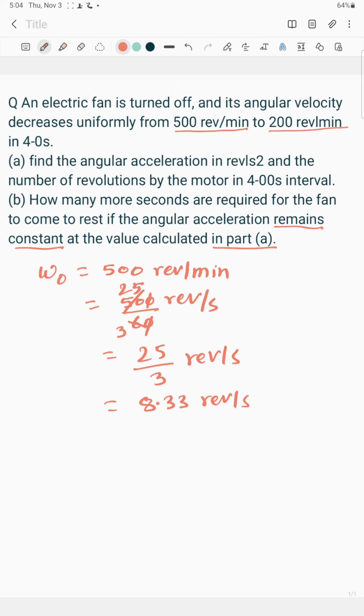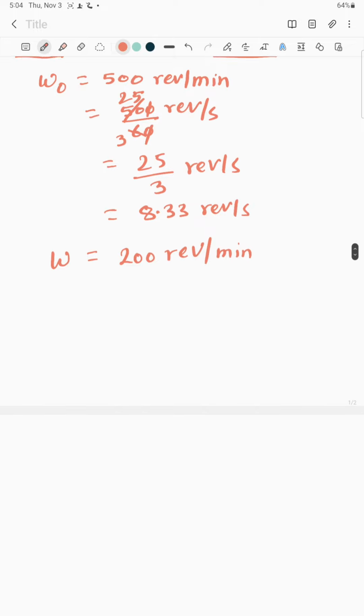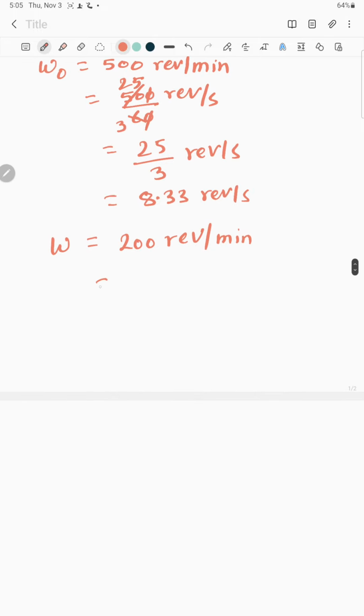Another thing given here is the final velocity, omega, equal to 200 revolutions per minute. Again, converting this into revolutions per second, 200 divided by 60 revolutions per second.